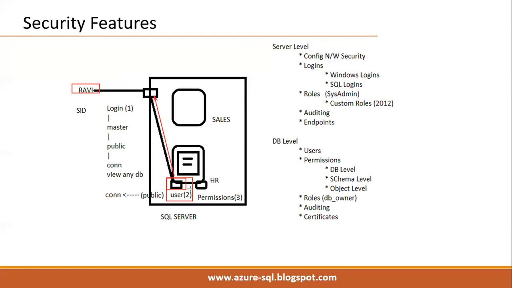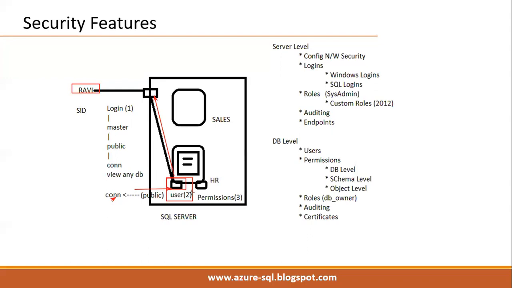Now check here. Here also the default role is the public role, and the public role has only one permission here: connect to the DB. The public role at instance level has two permissions, connect to instance and view all databases. But the public role at DB level has only one permission, connect to DB.